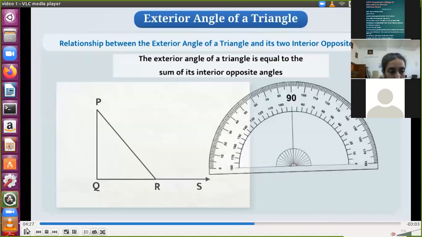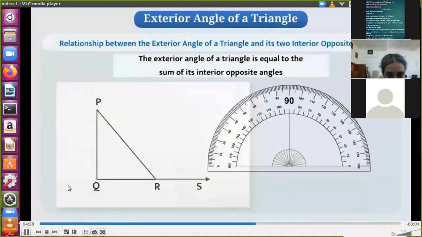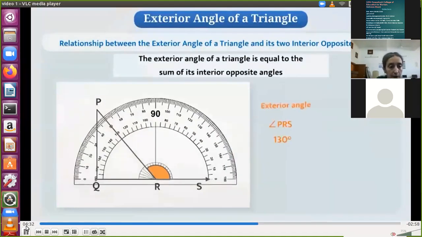With the help of the protractor, you have to measure the exterior angle and the interior opposite angles. So first of all, measure the exterior angle. When we measure the exterior angle, it comes out to be 130 degrees.